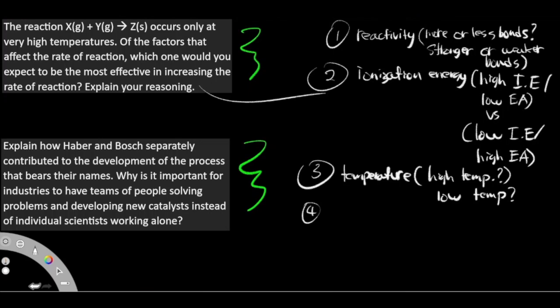We're almost there. Then we had concentration. Similarly, if you had a high concentration, how did that affect it? Versus a low concentration, how did that affect it? The second last one is the surface area.